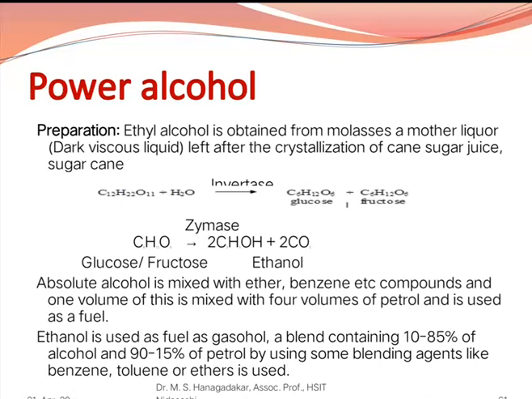But if you want to improve the anti-knocking character more, we need to add more gasohol, that is alcohol, to the petrol. Thereby we can improve the anti-knocking character of the petrol.